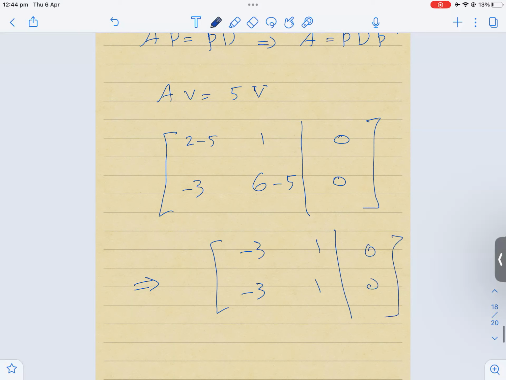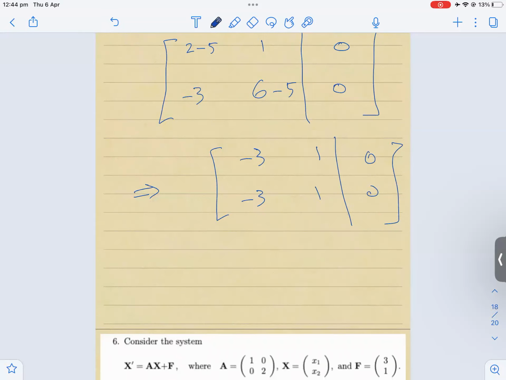So minus 3 v1 1 plus v2 1... You know what I mean? Definitely.